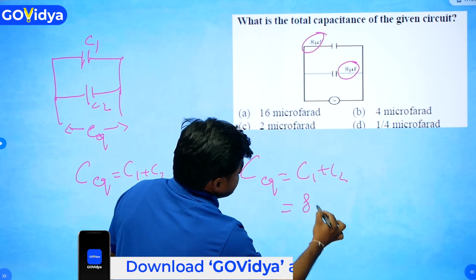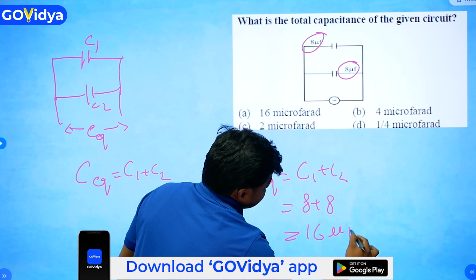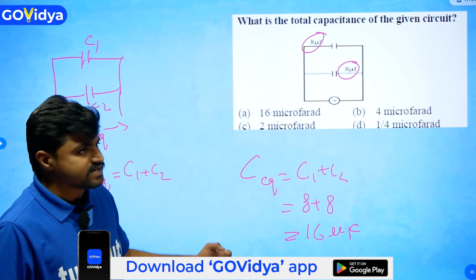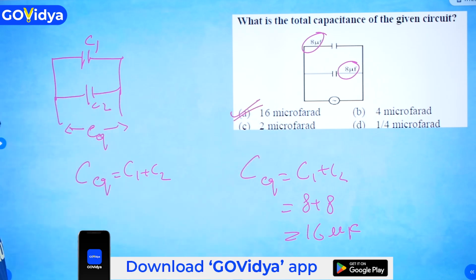Here 8 plus 8, 16 microfarad. 16 microfarad is the answer. From the options, option A is the correct answer. Okay, next question.